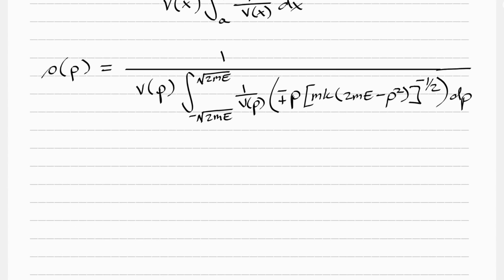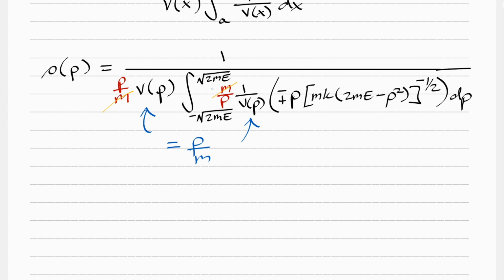Okay, p is equal to mv. So these v of p's are equal to simply p over m. And so what we get then, let me do a couple steps at once. So we can see this is going to be a p over m, and this is 1 over a p over m, so that's going to be an m over p. The m is a scalar, so that's just going to cancel.